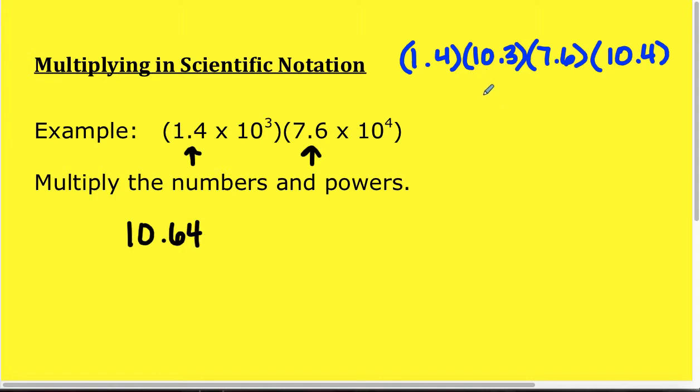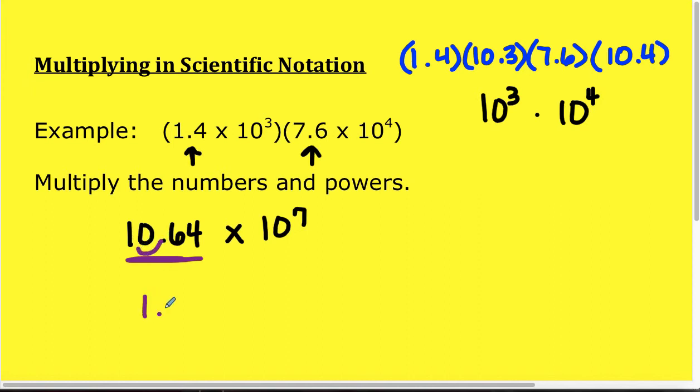Then I'm going to multiply the 10 to the 3 times the 10 to the 4. I'm going to use the laws of exponents, power times a power, add the exponents, and that gives me 10 to the 7. All right, so now I've completed the multiplication, but now I've got to make sure that this meets the restriction. It doesn't. So I have to move the decimal 1 place this way.